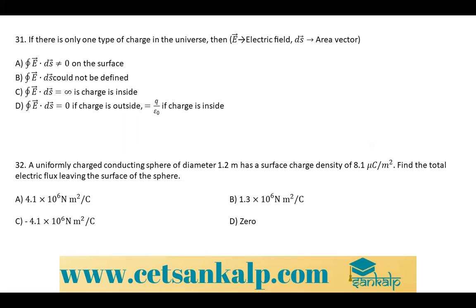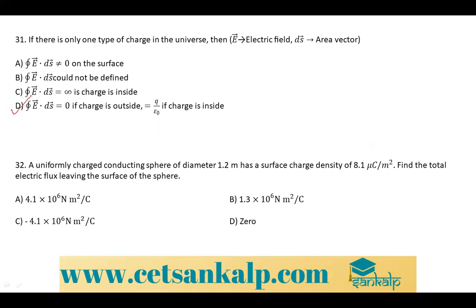If it produces electric field somehow, then you can say Gauss law is valid, right? So according to the Gauss law, the integral over the surface is 0 if the charge is outside, and that will be equal to 1 by epsilon naught if it is inside.